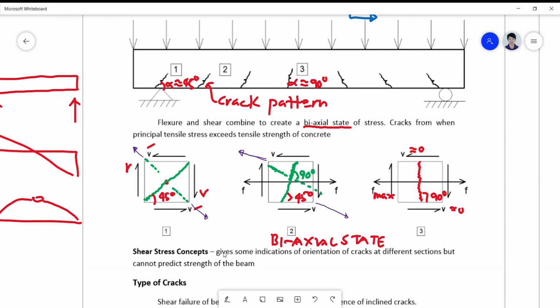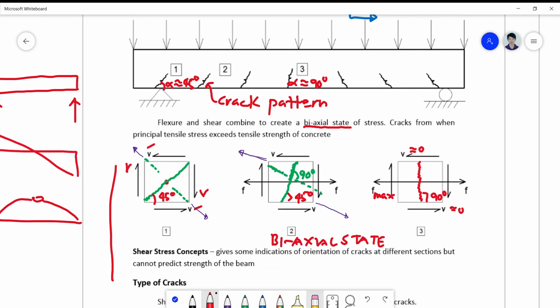And this concept that I now discuss will give us some indication of the orientation of the crack in the different sections, but still we cannot predict yet the strength of the beam because these are elastic concepts which do not fit very well in consideration of the inelastic concepts.